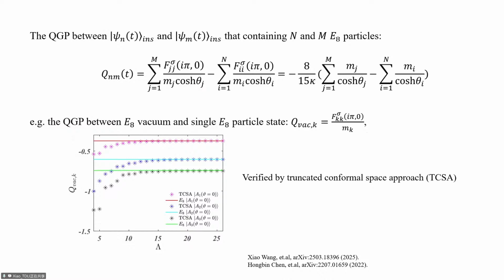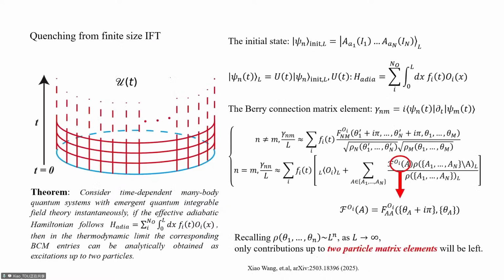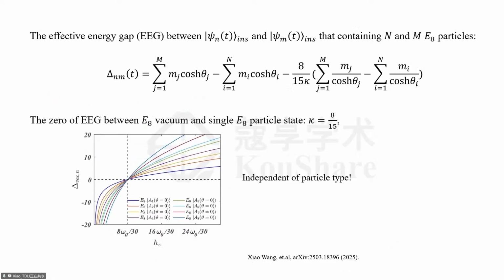So as I said, for the transition between the diagonal kappa evolution and the nano-general process, we can calculate. I said one of these states is the ground state, the other being the single particle state. If you do this calculation, you find that the zero of the effective energy gap is given by kappa equals n over 15, which does not depend on the specific type of the particles.